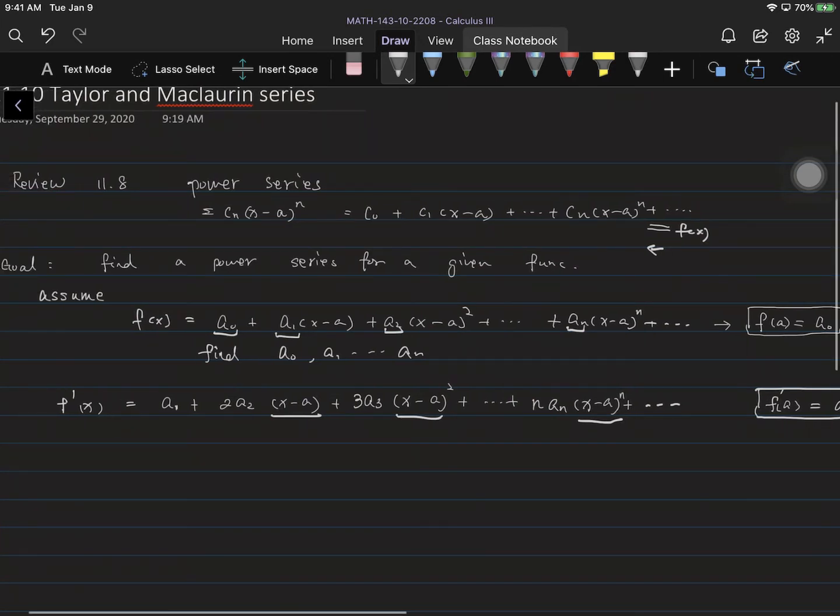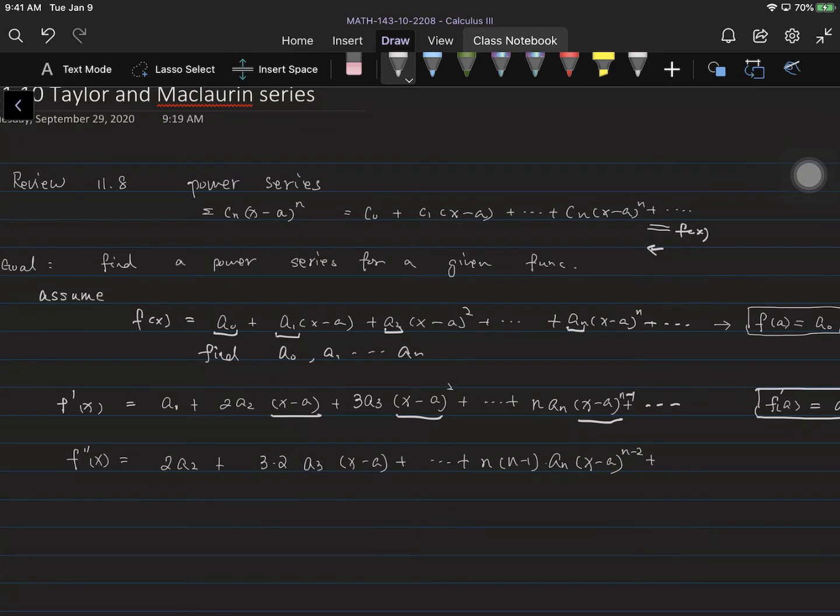Let's take a look at the second derivative of the function. The second derivative is the derivative of the first derivative. Let's see, 2a2, plus 3 times 2 a3 (x minus a), and so on, plus n times (n minus 1) a_n (x minus a) to the n minus 2.